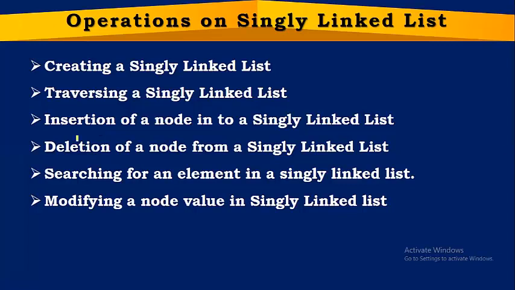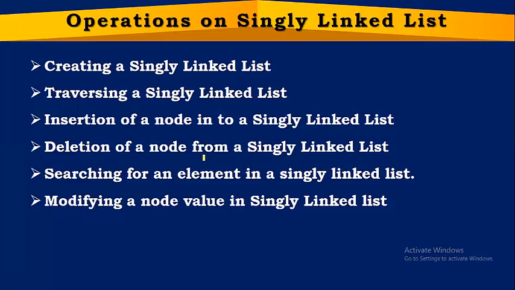Next, deletion of a node from a singly linked list. Deletion can be done in three ways: you can delete the first node, delete the last node, or delete any intermediate node. In these three ways, you can perform the deletion operation.